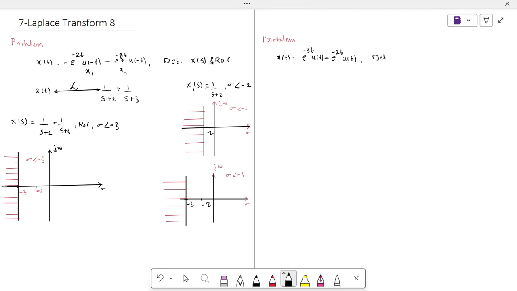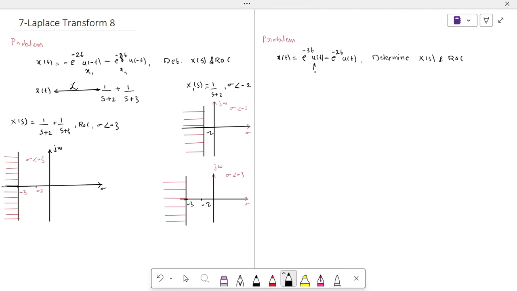Then determine x of s and the region of convergence.